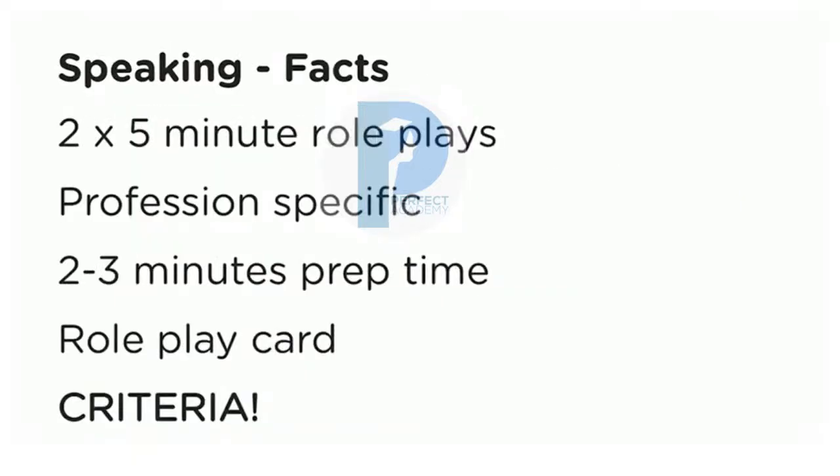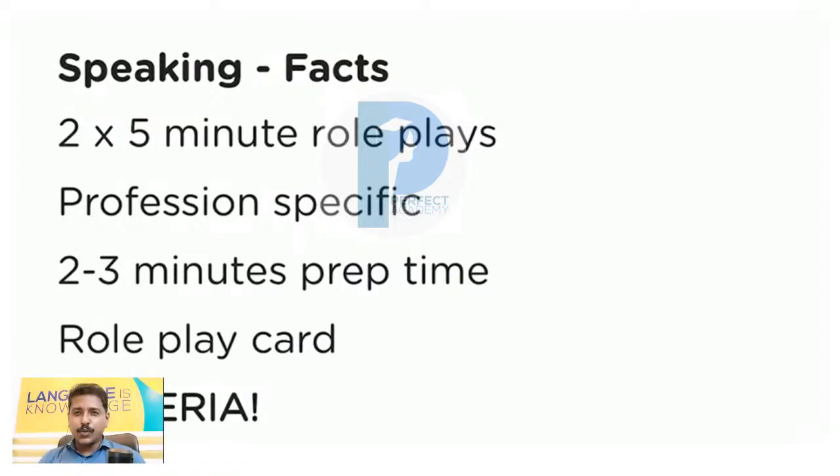So there are 2 role plays of 5 minutes each. You will have 2 to 3 minutes to prepare. So 2 to 3 minutes is very crucial, where you are going to form questions that are related to their settings, the background study, and that's what we are going to learn in the future videos.